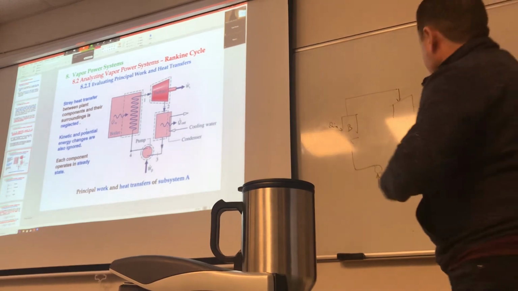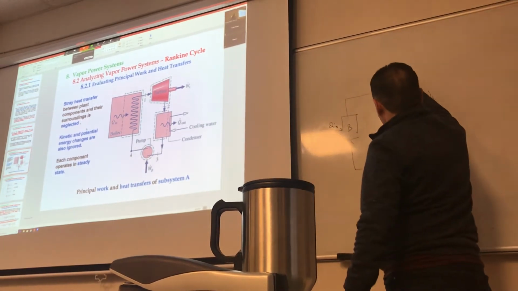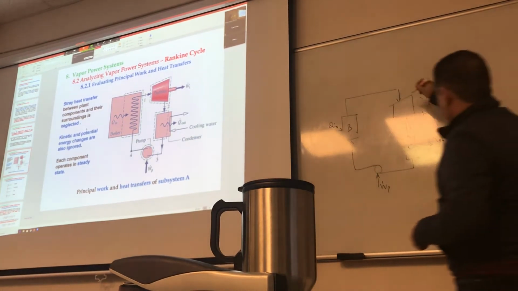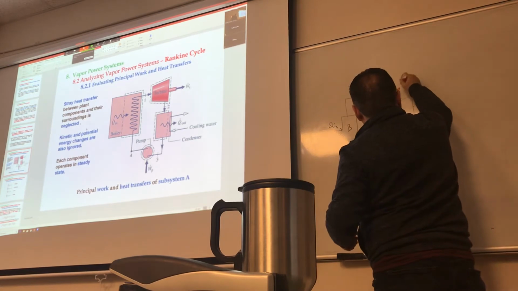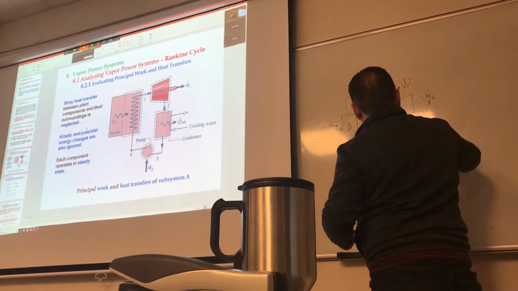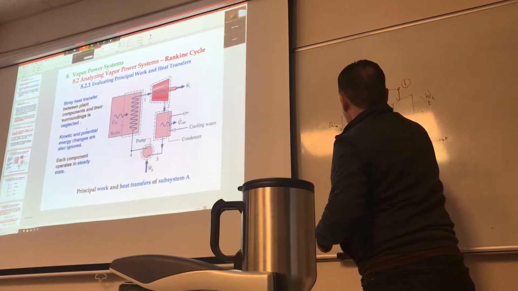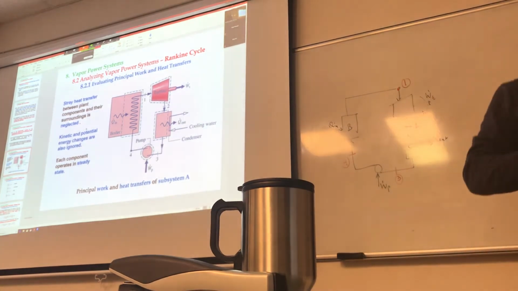By the way, the state entering the turbine is always called state number 1, by convention. This is 2, this is 3, and this is 4.